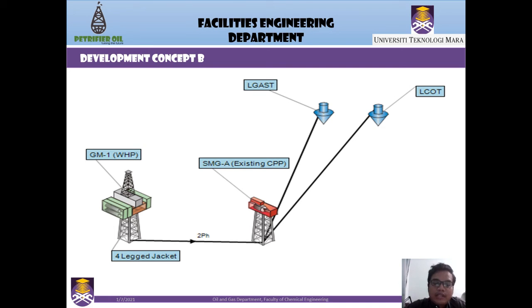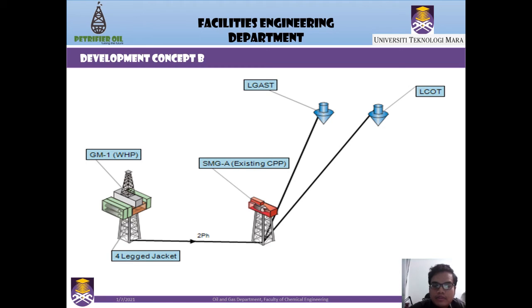Moving on to the next concept, concept B. The proposed concept consists of only a wellhead platform that is going to be built, which is also a fixed jacket constructed from a 4-legged jacket.